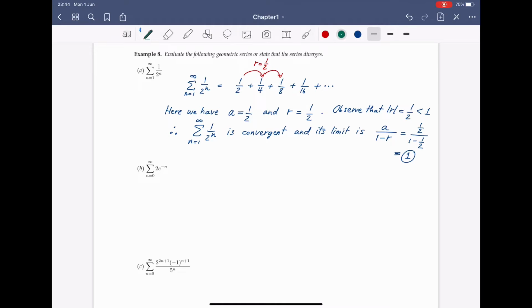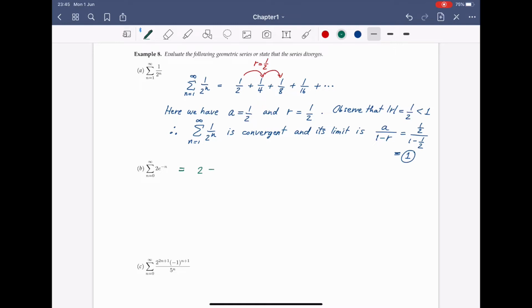Alright, let's look at question B. So here you have the summation of 2 times e to the negative n, when n goes from 0 to infinity. So let's expand this thing. The first term, when you plug in n equal to 0, you get 2 times e to the 0, which is 2.